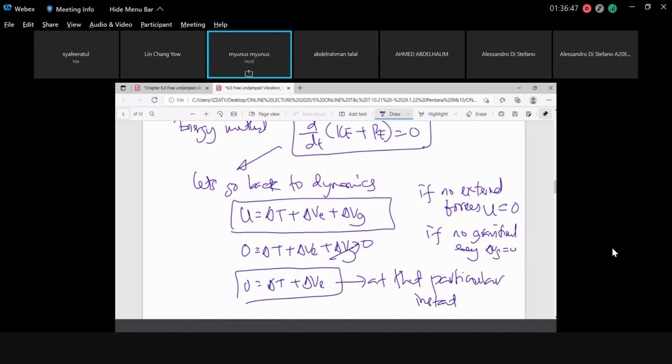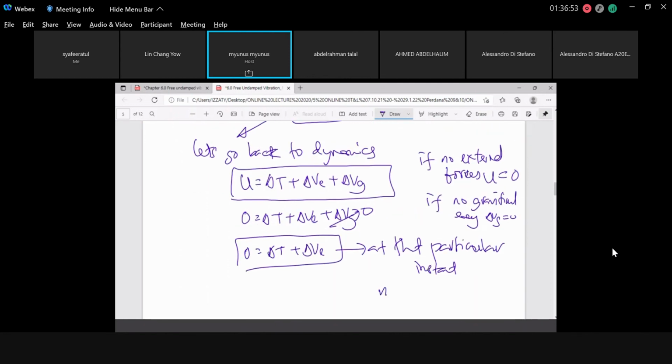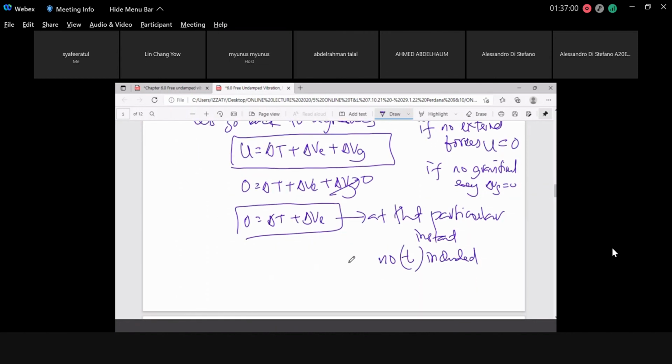You measure, you calculate at that particular instant, meaning there is no time, no t included.